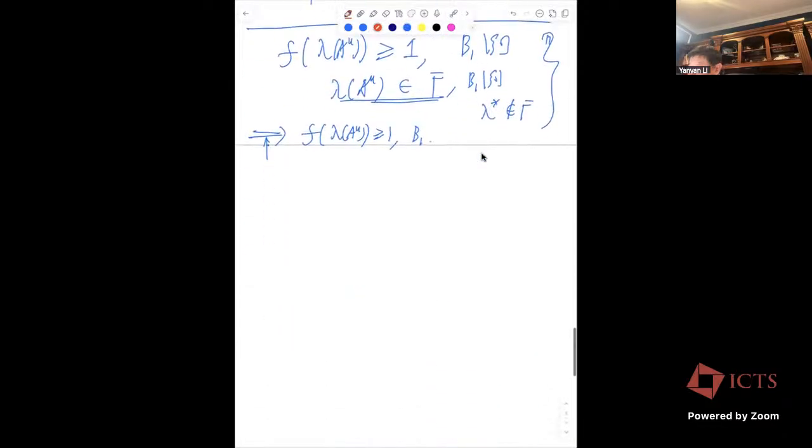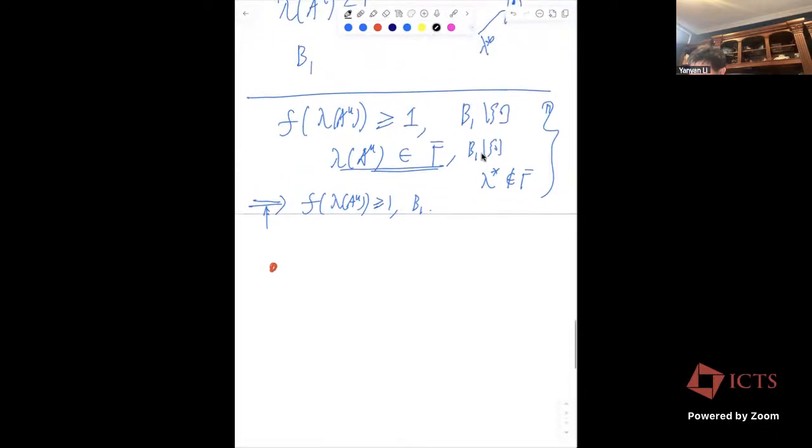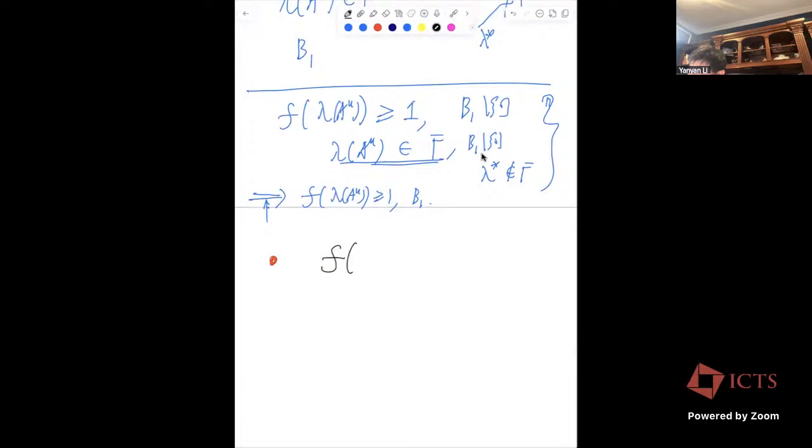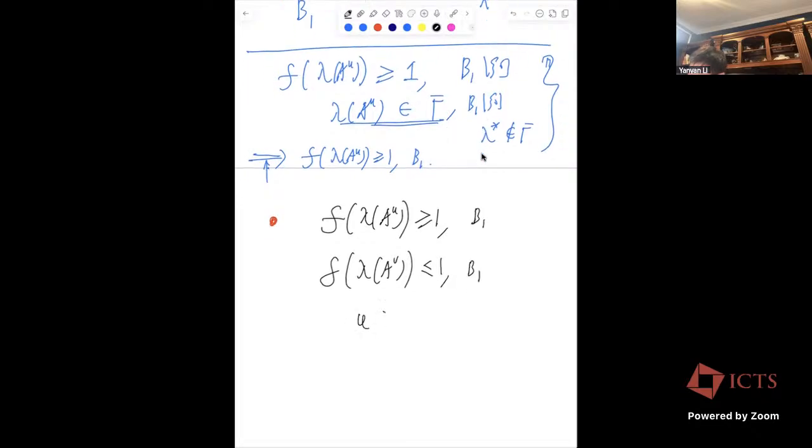Second ingredient one needs is that if you have a supersolution U, for example, greater or equal than 1 in B1, and you have a subsolution V in B1, and U is greater or equal than V on the boundary of B1.